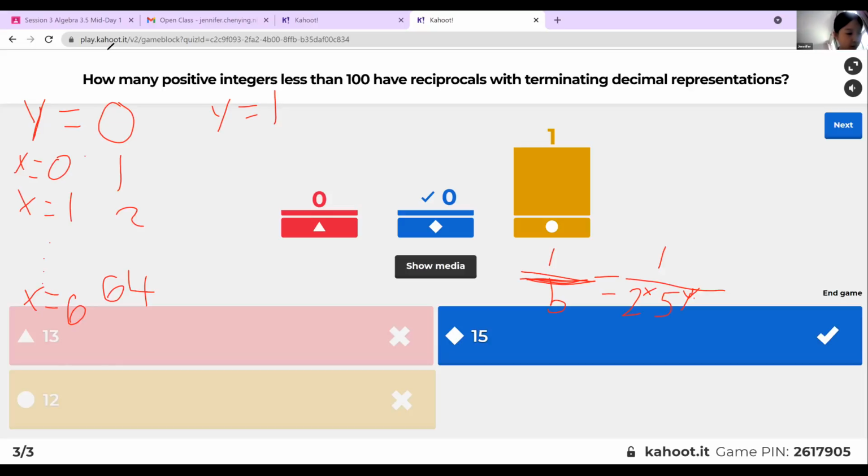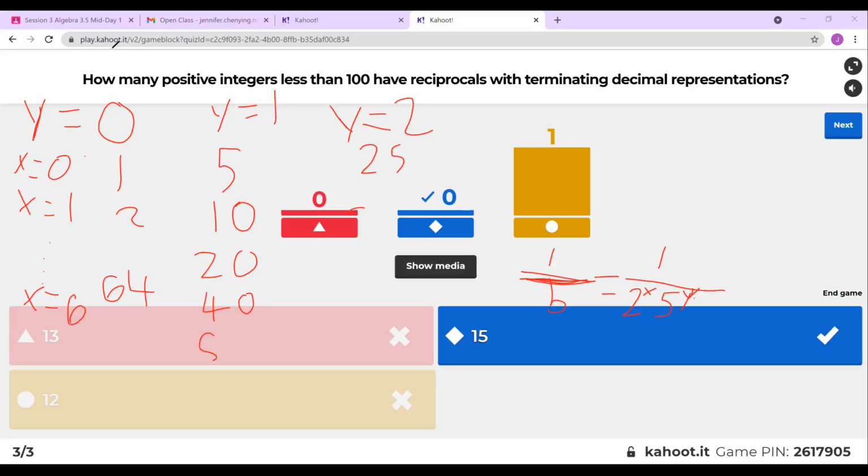If you do the casework, in this case, it'll be 5, 10, 50. And then 25. And actually 5, 10 here, 5, 10, 20.